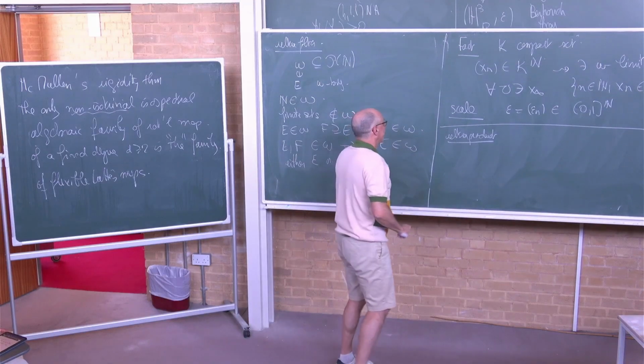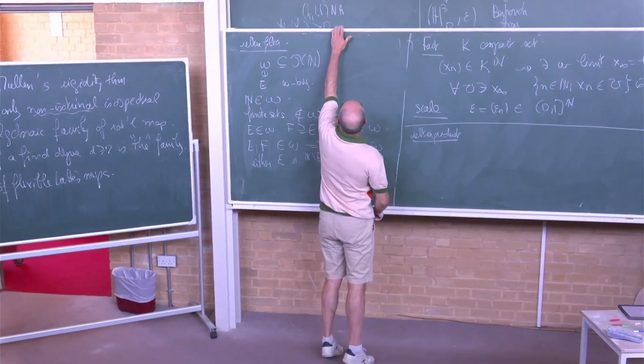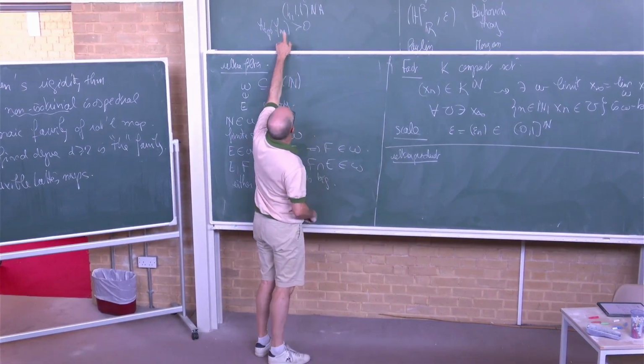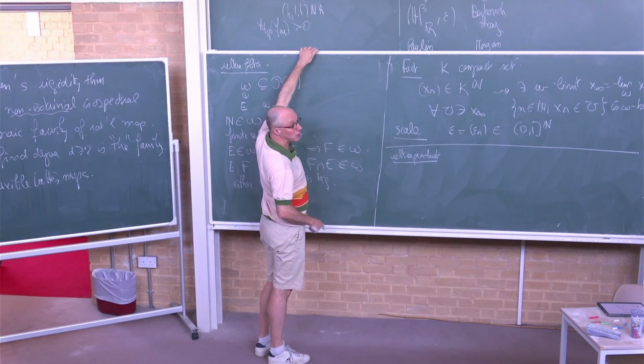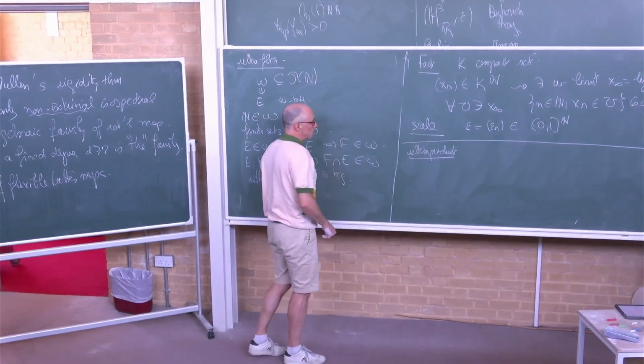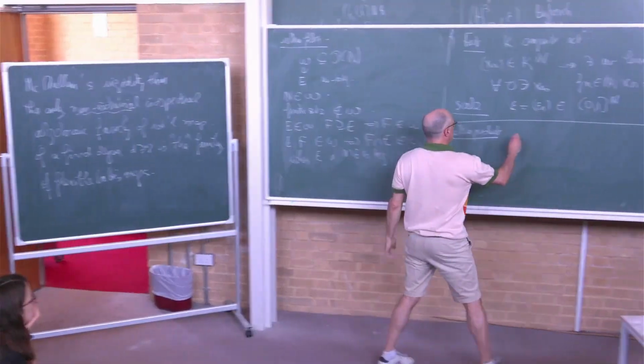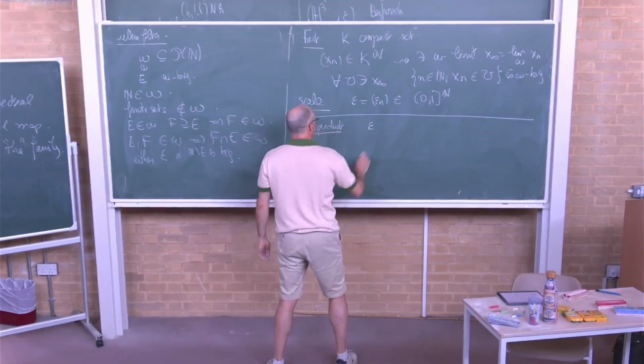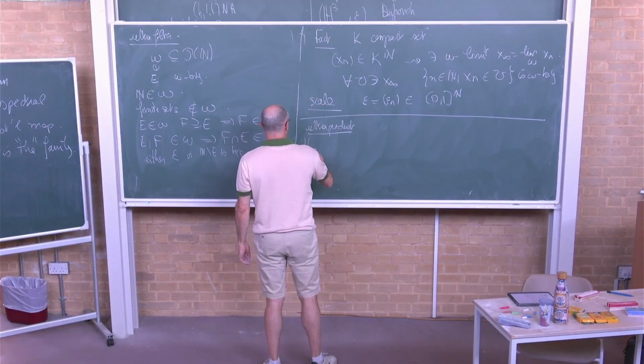Okay. So what I want to explain is what kind of non-Archimedean fields are going to show up in these constructions. You fix a scale epsilon, and then you define H epsilon.